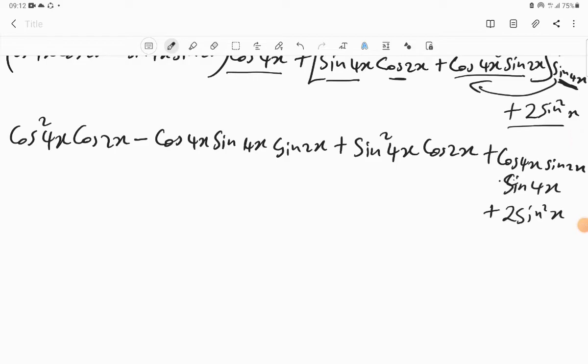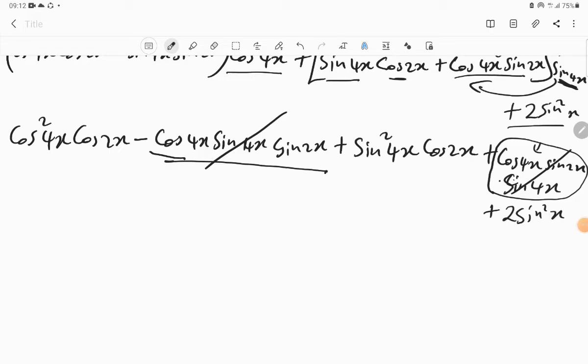So what do you notice? I notice that we are having this one over there and this one. Are they not the same? They look the same, and fortunately they are the same. So which means we are having negative this plus this, that they are going to just give us 0.